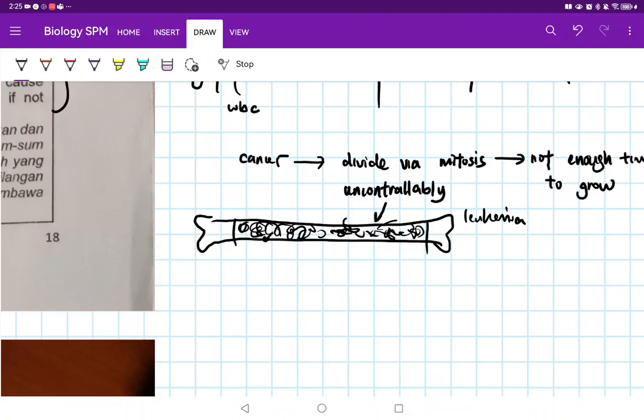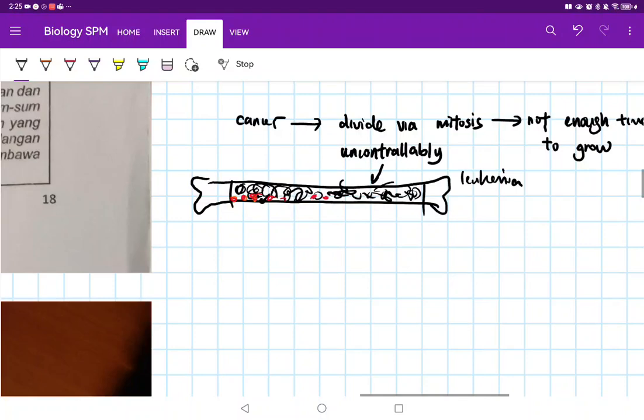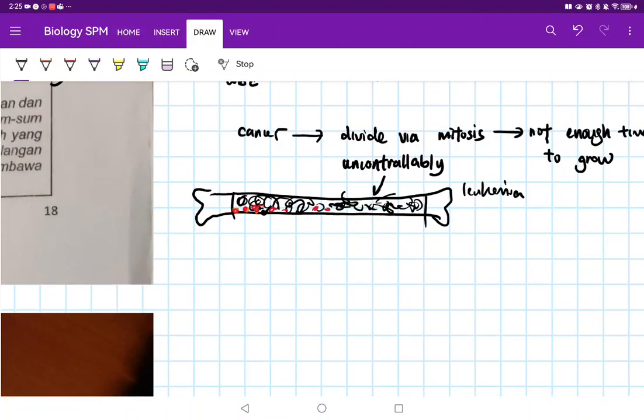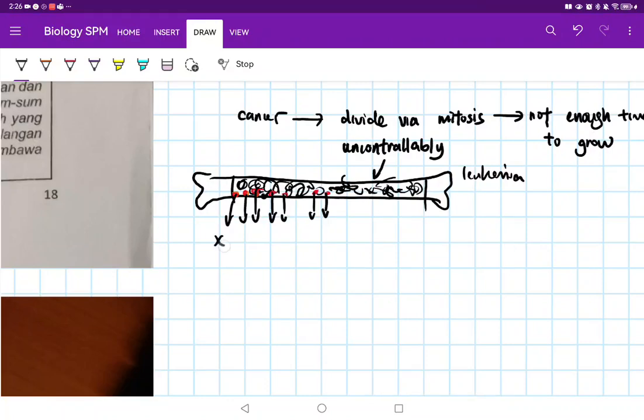Like your stem cells also produce red blood cells. But you see, there are so many white blood cells that they will force these red blood cells out. These red blood cells also haven't developed. Not developed.